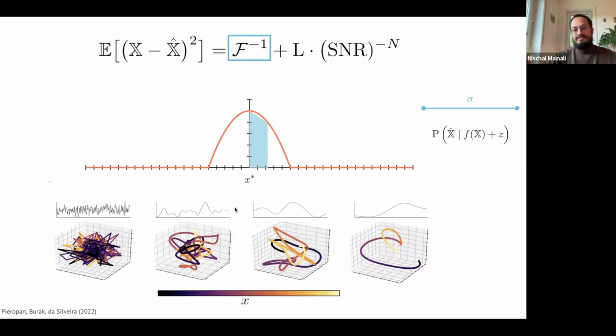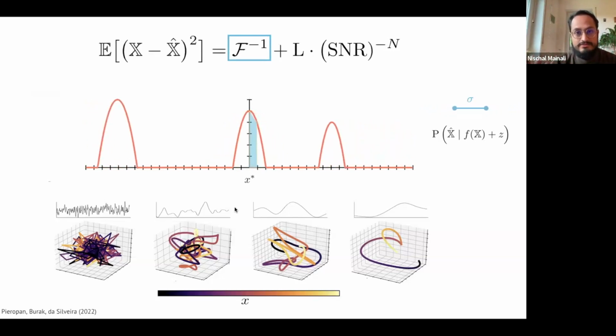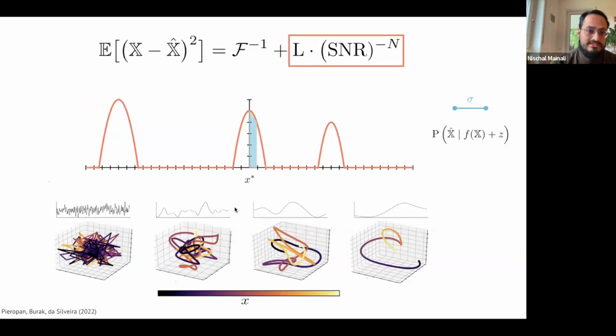When the correlation length is large, the width of the posterior is large, and we have a bad resolution of exactly where the animal is. So we can try to remedy that by making the correlation length smaller, but there is a price to pay. There will now be more peaks in the posterior, and in fact, there might be a peak in a completely unrelated location in the environment, and we will end up inferring that the animal is in a completely wrong location.